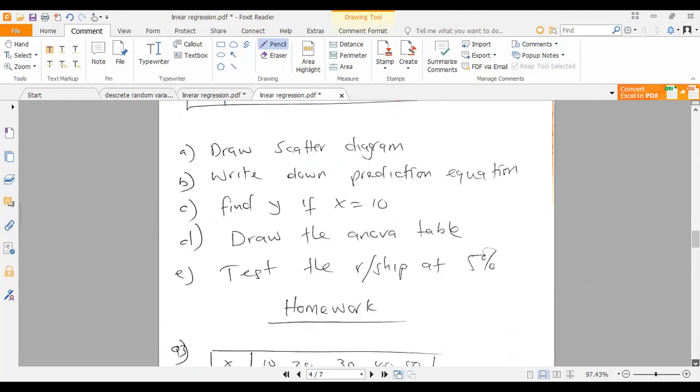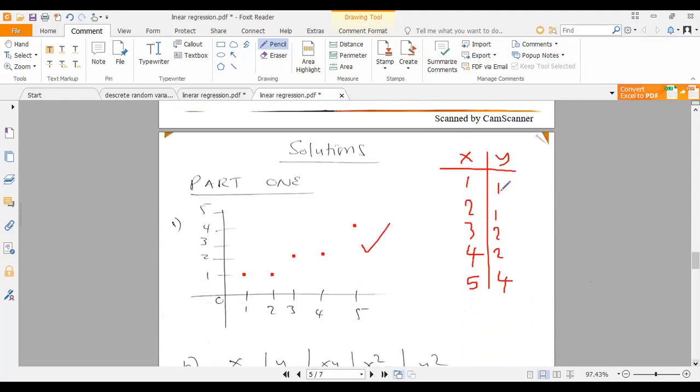So we're going to use the coordinates: 1, 1, we put it here; 2, 1, here; 3, 2, here; 4, 2, here; and 5, 4, here. So here we get our 3 marks for this.